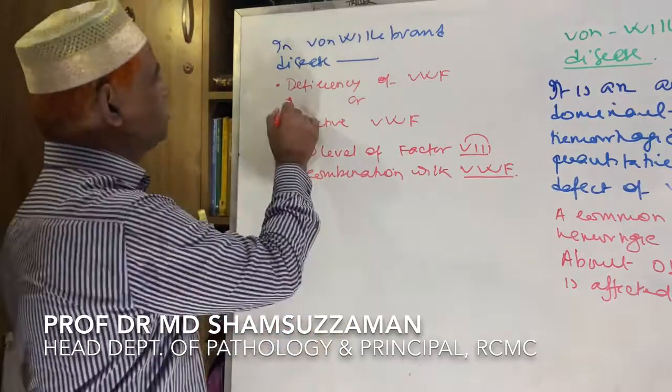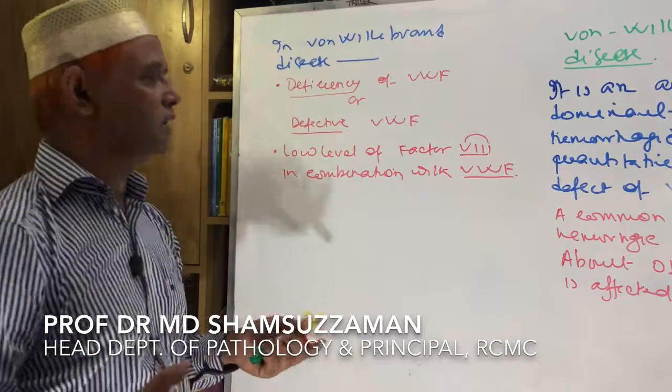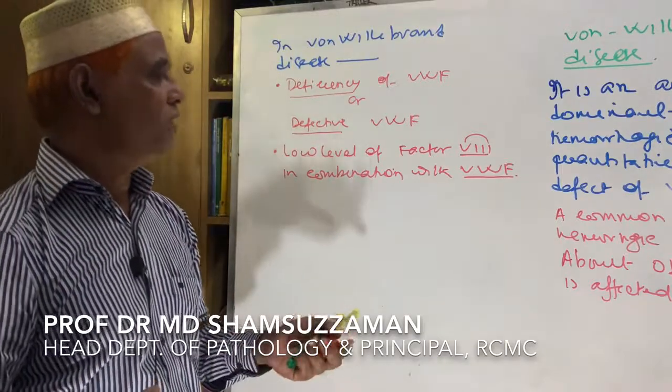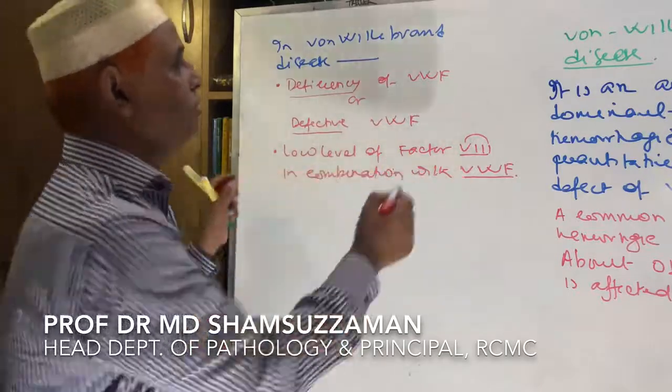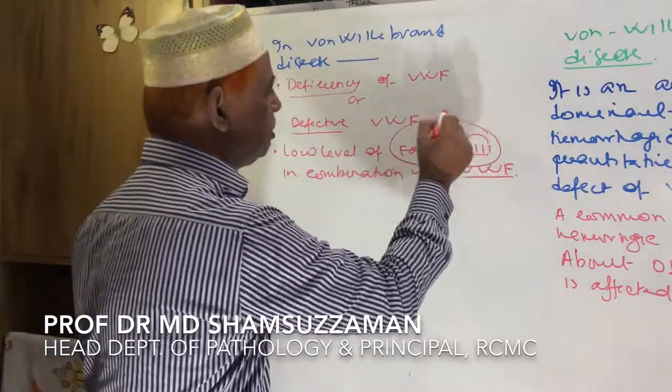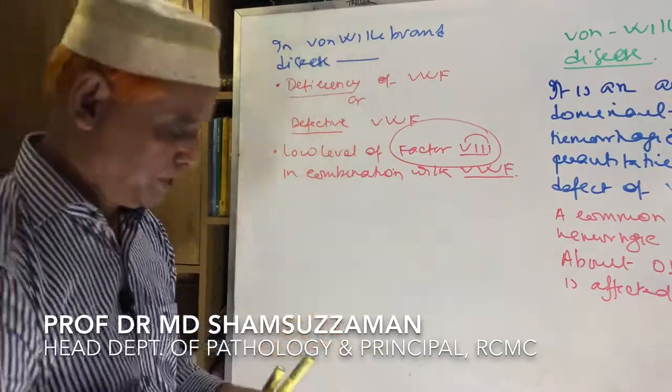As it is deficient or defective, it cannot stabilize factor 8 sufficiently. So in combination with this factor, factor 8 is low, although plasma level of factor 8 is sufficient.